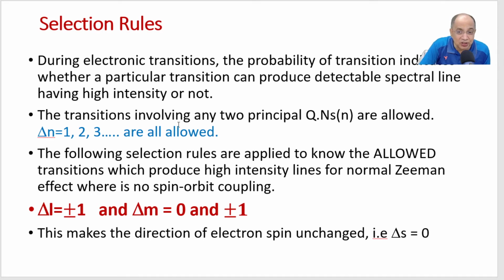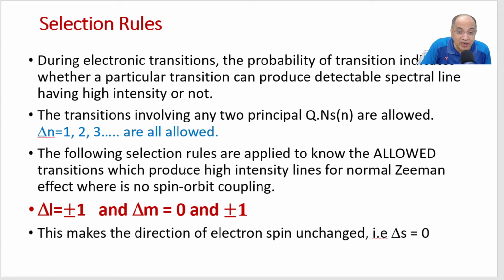The transitions involving any 2 principal quantum numbers can be 5 to 2, can be 8 to 2, 8 to 1, that is allowed. From any higher principal quantum number to any lower principal quantum number, the transition is allowed. Delta n can be 1, 2, 3, 4, anything, right?